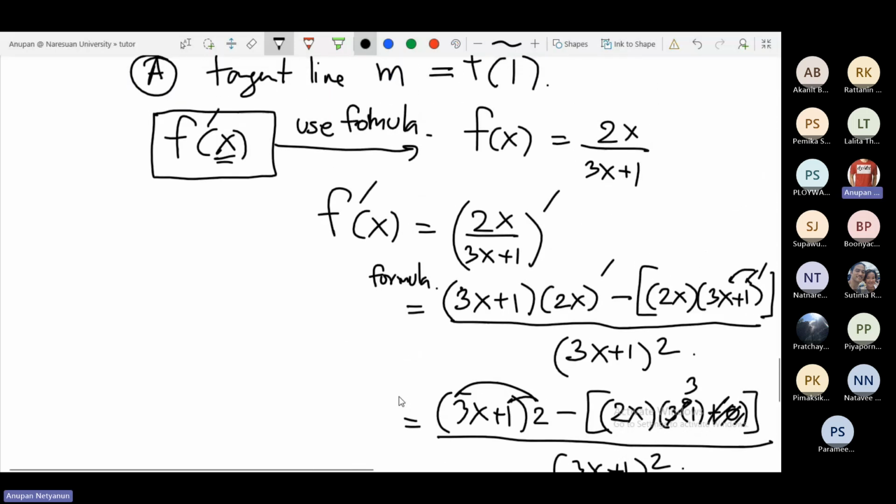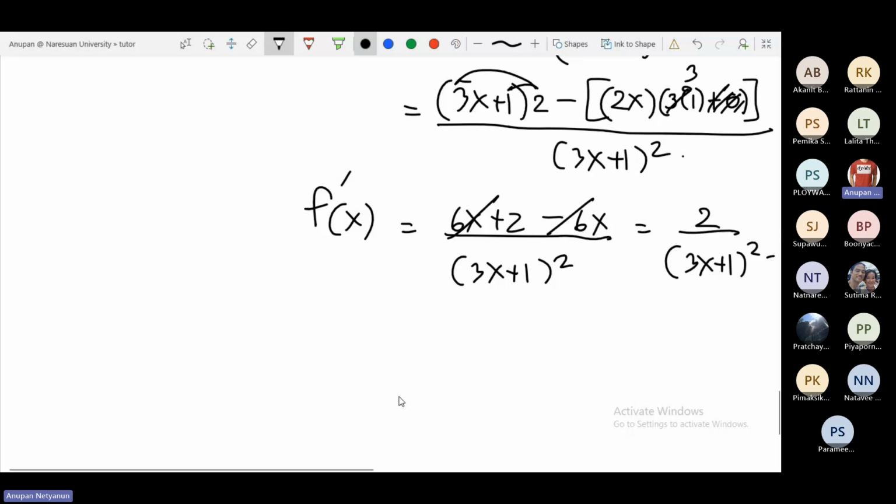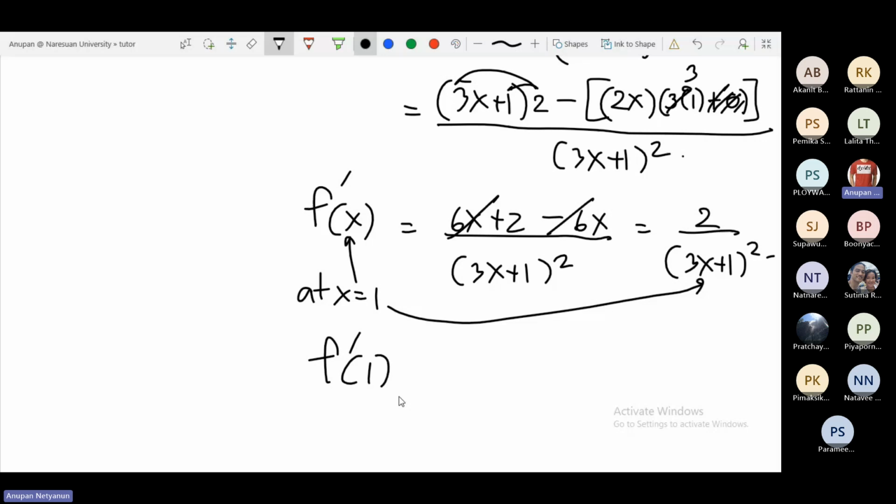Now, the point is you want to find the derivative at x equal to 1. Since you have the derivative of f at any x, you just plug it in here. So the derivative at x equal to 1 is 2 divided by (3 times 1 plus 1) squared, which is 2 over 4 squared, which is 16.